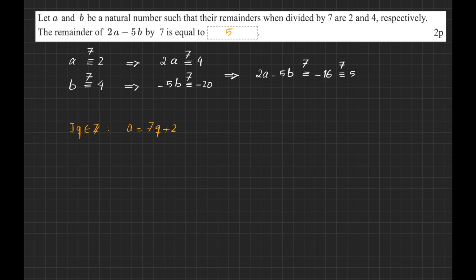Okay, and then when you see that the remainder of b by 7 is 4, it means that there exists probably a q prime in Z such that b is equal to 7q prime plus 4.